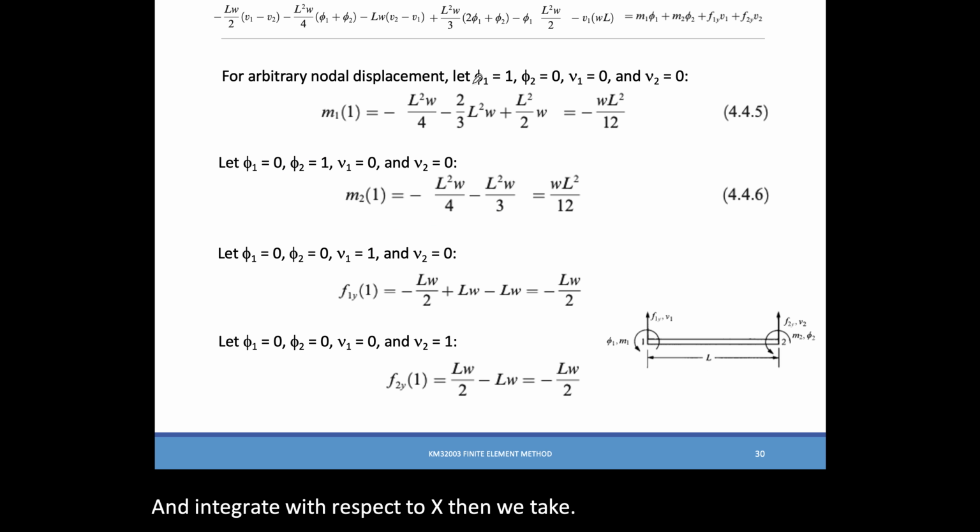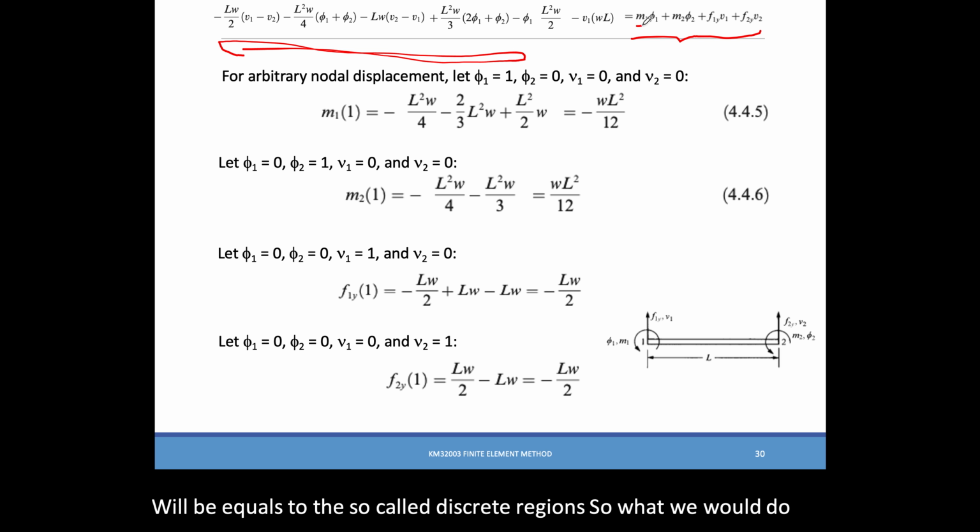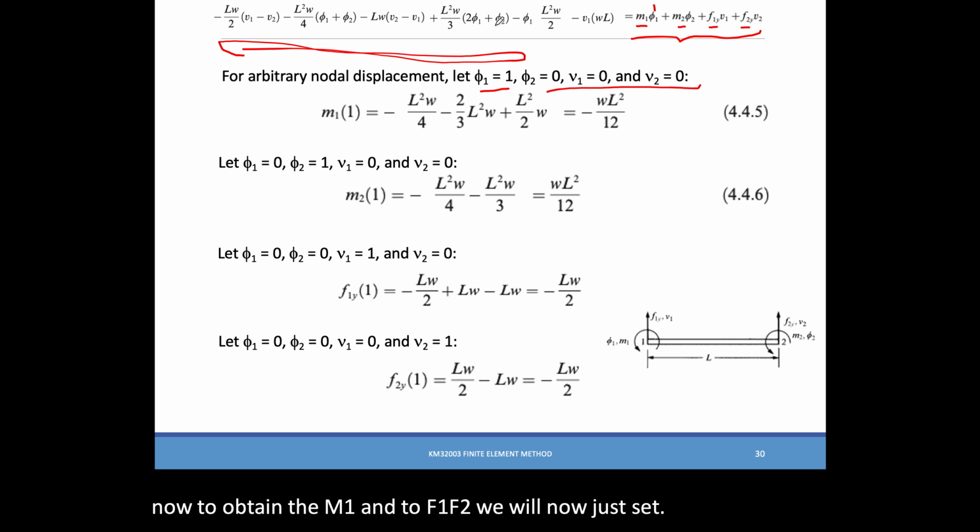So this part will be equal to the so-called discrete part. What we would do now to obtain M1, M2, F1 and F2 is set the rotation for node number 1 equal to 1, then the rest equal to 0, then we would reveal M1, taking into account that the length is equal to 1.